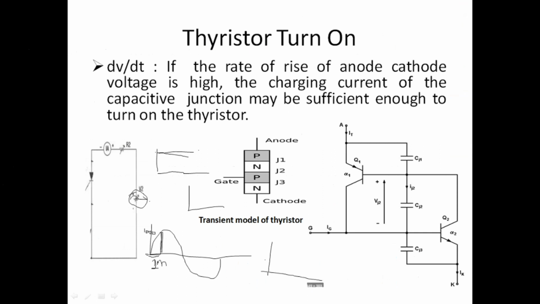Assume that in some situation the voltage has suddenly increased like this. I will tell you the time duration: assume this happens in 1 microsecond, and the voltage reaches 1000 volts.